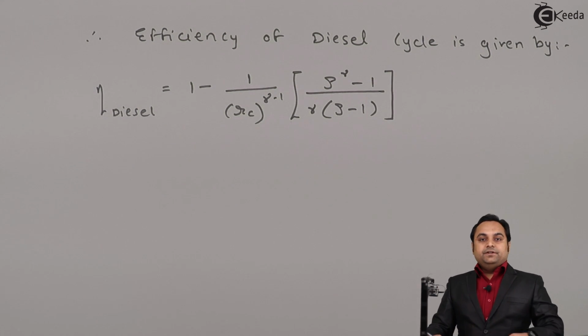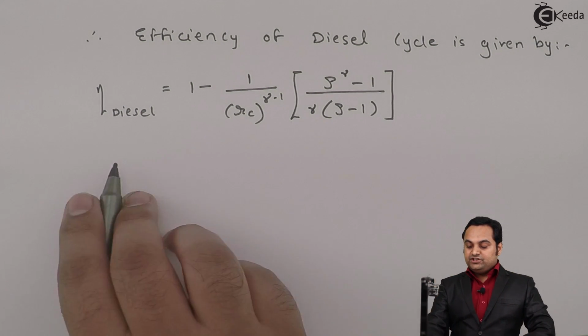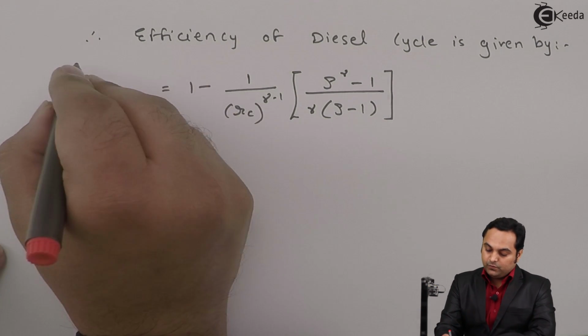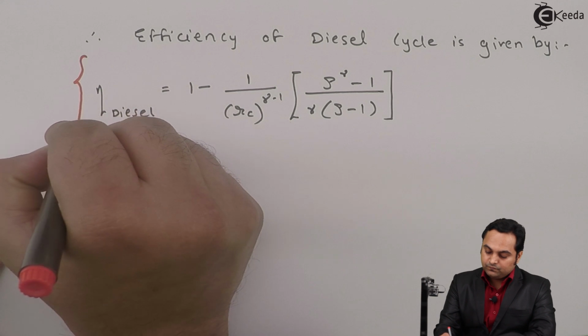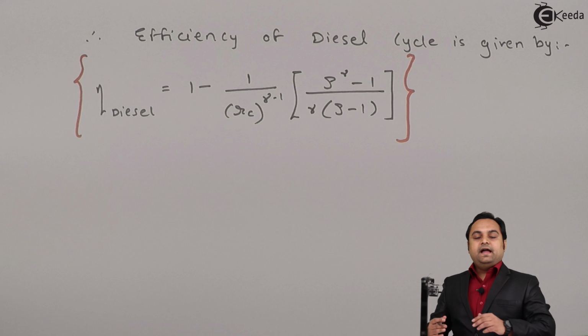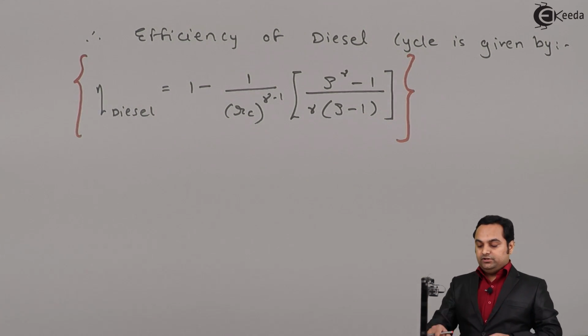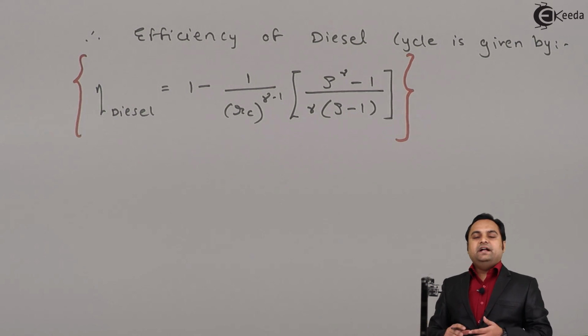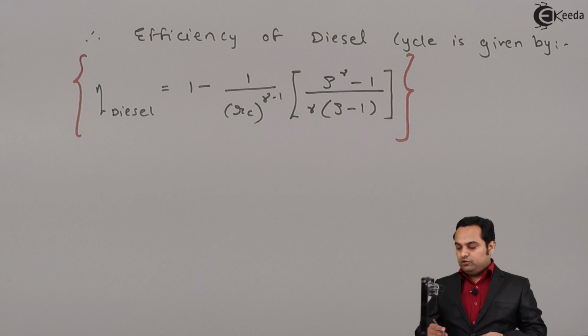With the help of this formula we can calculate the efficiency of a diesel cycle, and we can compare the actual diesel engine with the theoretical efficiency, and from that we can make out if the claim is true for the diesel engine or false.